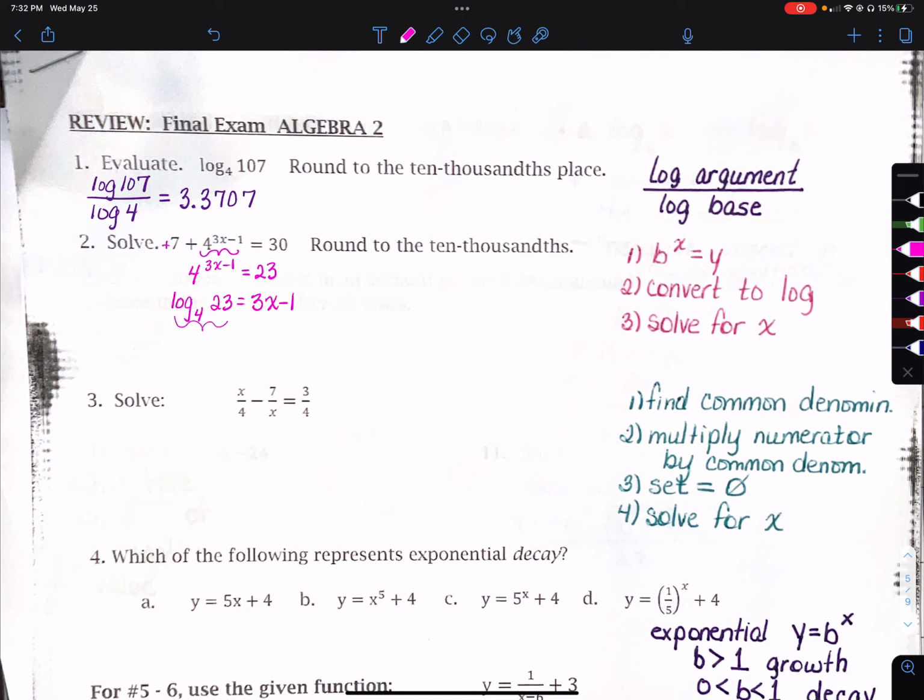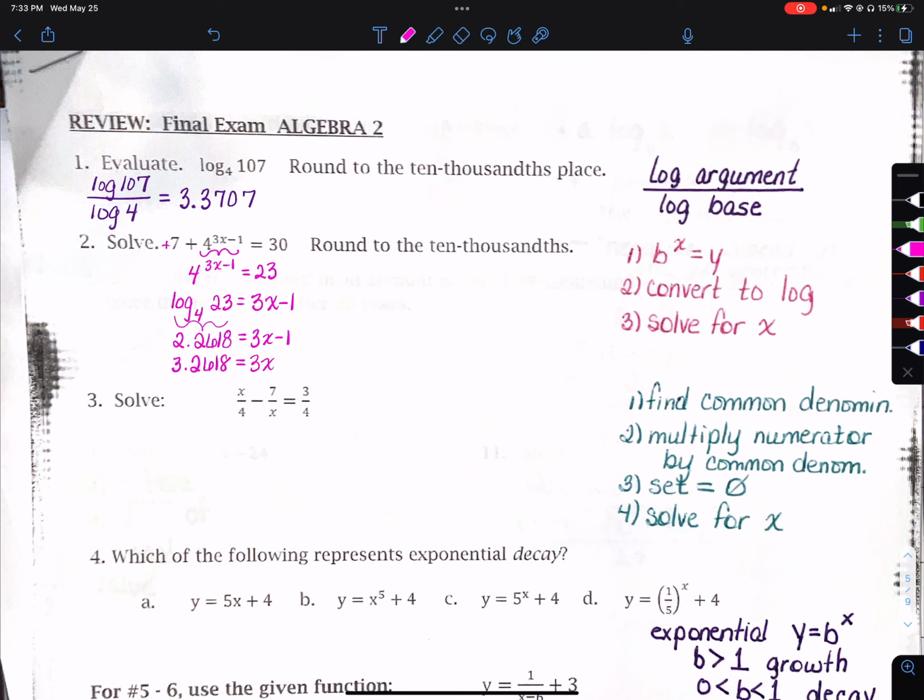Okay. Now, with this log base 4 of 23 here, I'm going to go ahead and convert that using the change of base formula. Again, rounding to the 10,000ths place, that's 4 decimal places, or 4 places after the decimal. Okay, so we are going to do log of 23 divided by log of 4, and we will get 2.2618 is equal to 3x minus 1. Now adding 1 to both sides, I will get 3.2618 is equal to 3x.